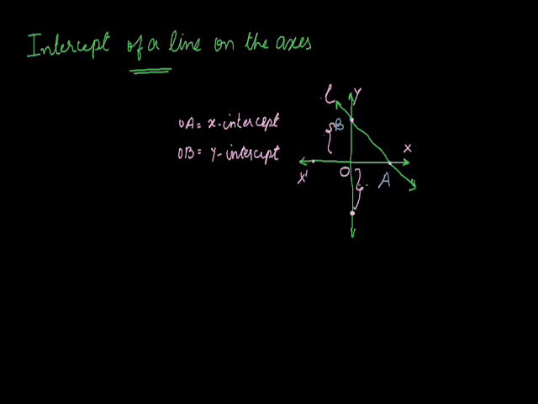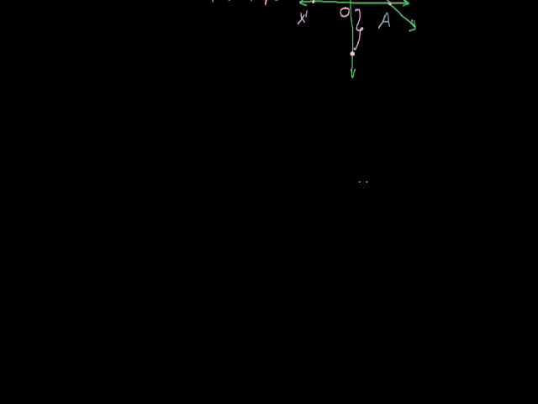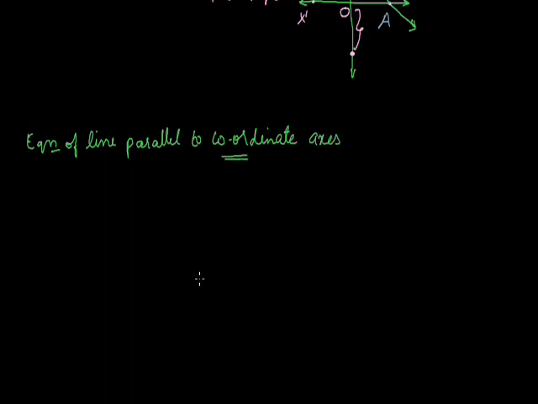Now we shall see the equation of lines which are parallel to our coordinate axis. So I'll put it this way: equation of line parallel to coordinate axis. Suppose a horizontal line is at a unit distance from x-axis.